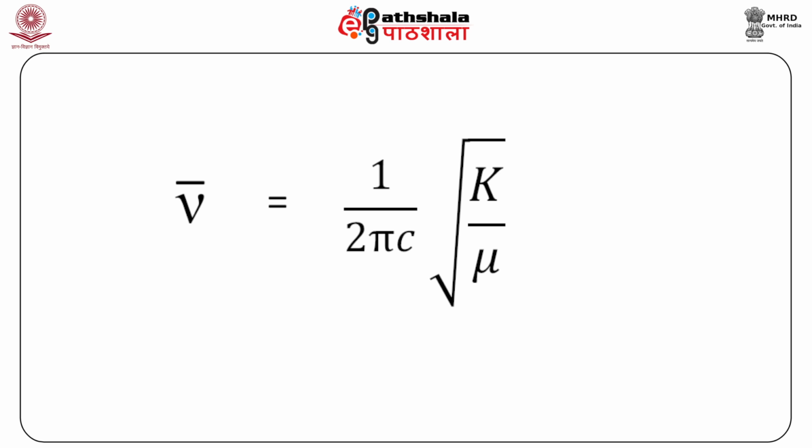Now, m1 and m2 are the masses of the two atoms involved in bonding, and that bond is to be stretched. c is the velocity of light, and as you know, its value is equal to 2.998 into 10 raised to the power 10 centimeter per second. k is the force constant of the bond.